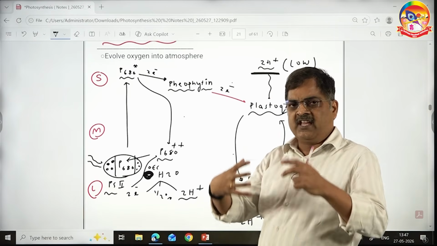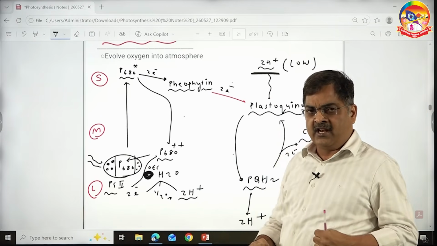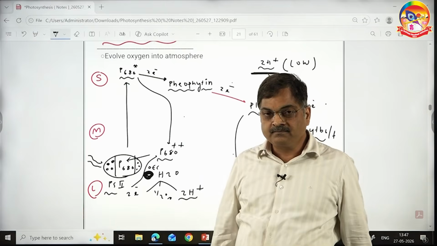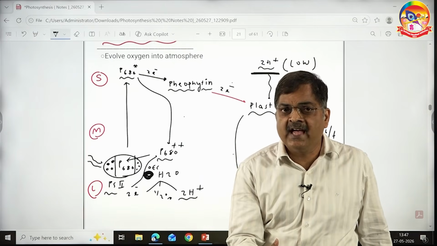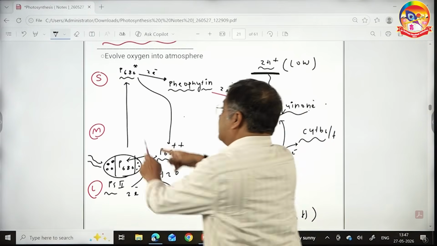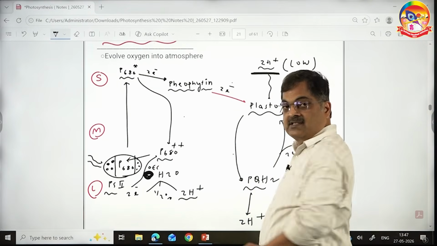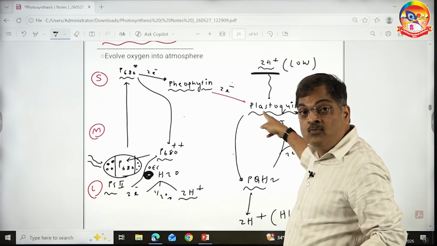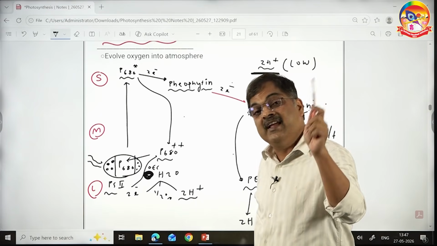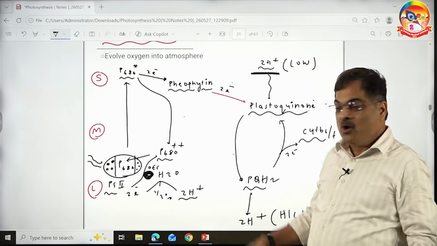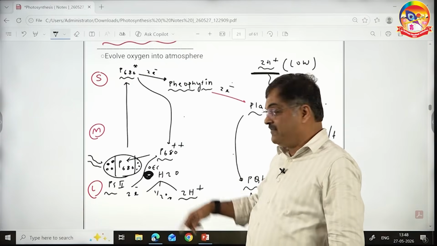Means, better way of saying, it is against the concentration gradient. It requires energy. Now the question you're going to ask me is, who is going to provide the energy? Very simple. The downhill movement of electrons, listen carefully, the downhill movement of electrons is responsible for liberating energy. Now you understood what is the job of this chlorophyll molecule.